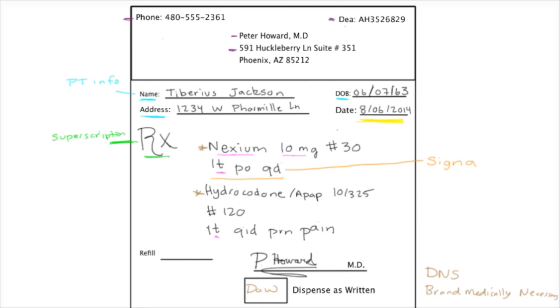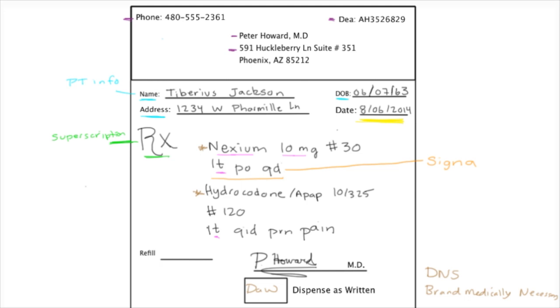DEA stands for Drug Enforcement Agency, and each prescription that has a controlled medication needs to have a DEA number, and we'll talk about this in another video as well. So I'm just introducing you guys to certain things that you're going to need to know for this section, but then of course we'll talk about it later.